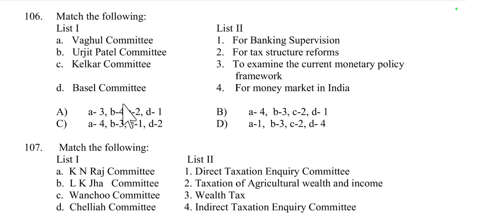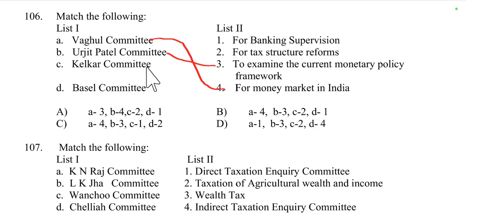And then question number 106. List 1, list 2. These are the committees, and which committee is for which work. First is Bhagul committee, it is related to the money market in India. Then the second one, Urjit Patel committee, to examine the current monetary policy framework.